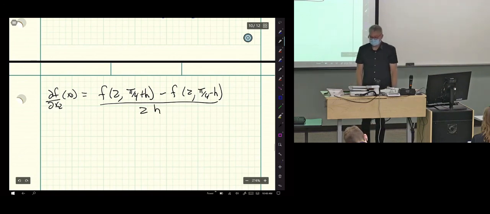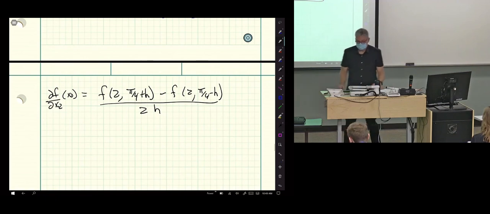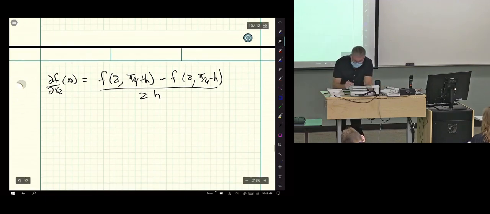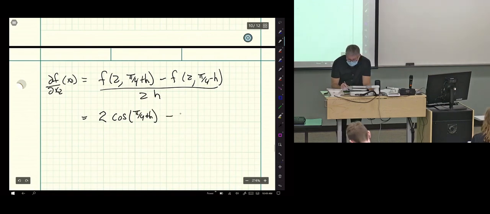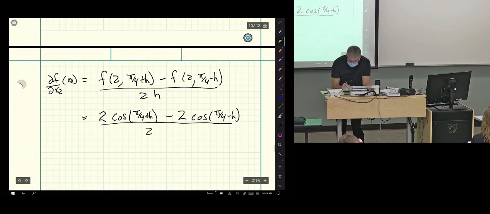Then I divide by 2h. And I've got 1 minute. So this is, x1 is 2, cosine pi over 4 plus h minus 2 cosine pi over 4 minus h, over 2h.